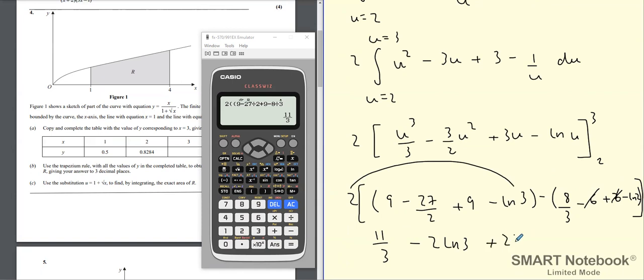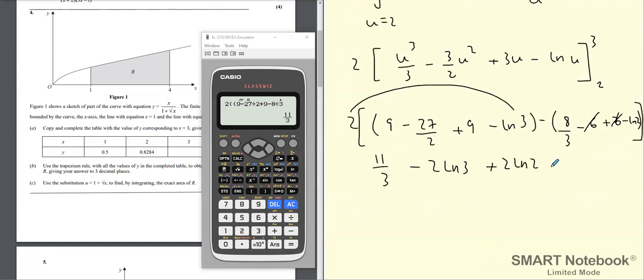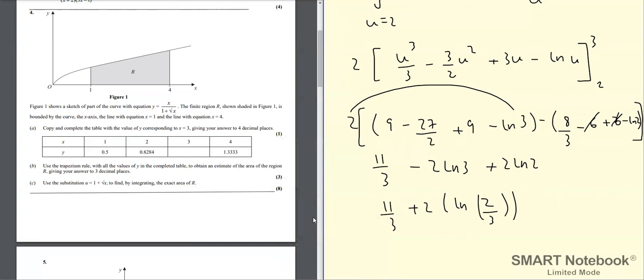So we get plus 2 ln 2. And so if I want to simplify this, we get 11 over 3 plus 2 ln 2 over 3. And there is our exact value.